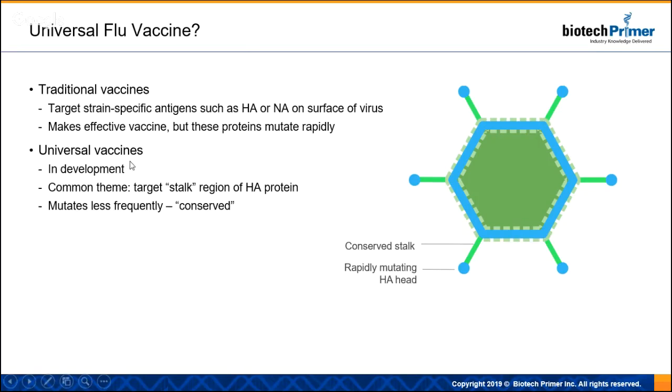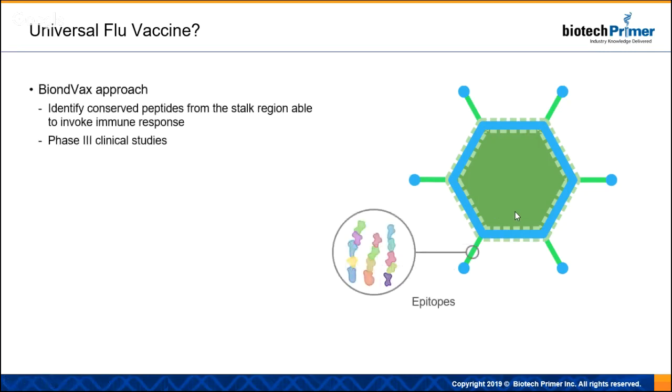So in development is this idea of a universal vaccine. So targeting the stalk region, this stem here, that is more conserved, or that mutates less frequently than the head. And so the approach that's being used is identifying specific epitopes, or short segments of protein. So short sequences of amino acids, 5 to 20 amino acids within this stalk region, combining those and using that as a vaccine.